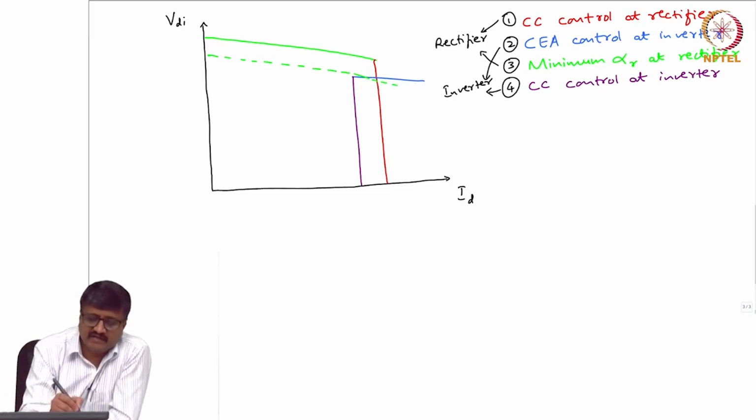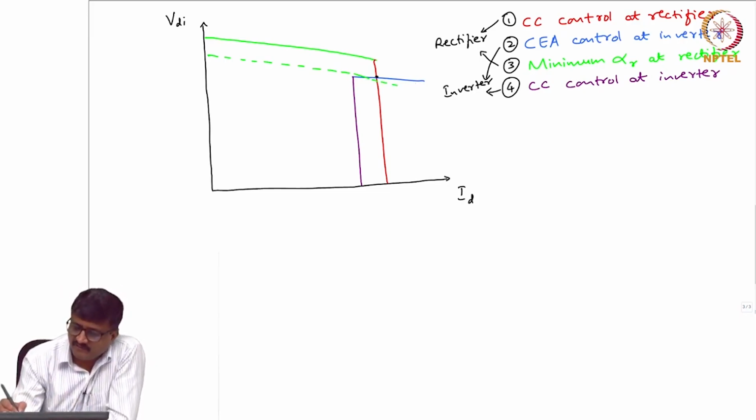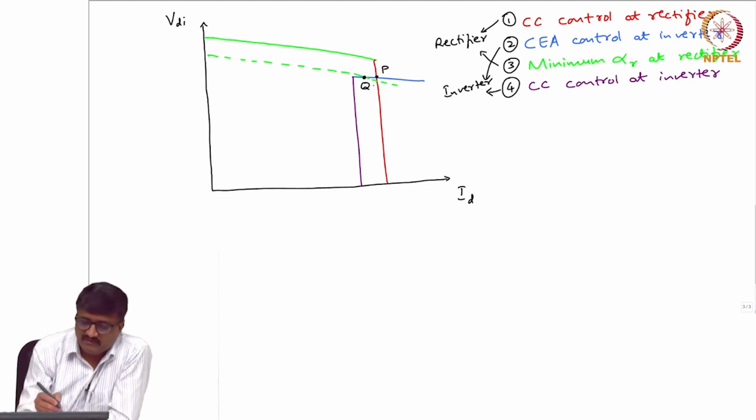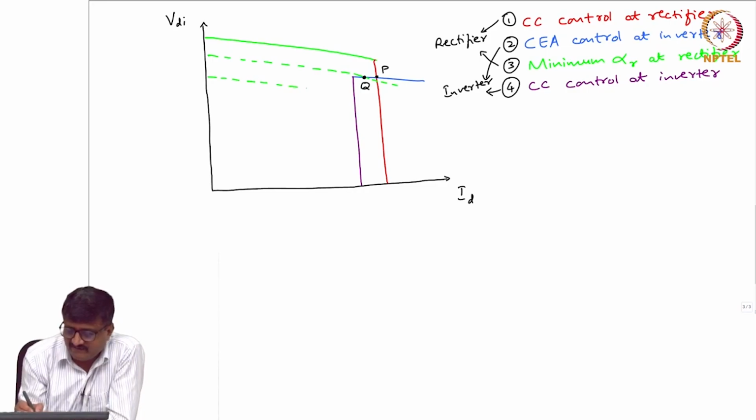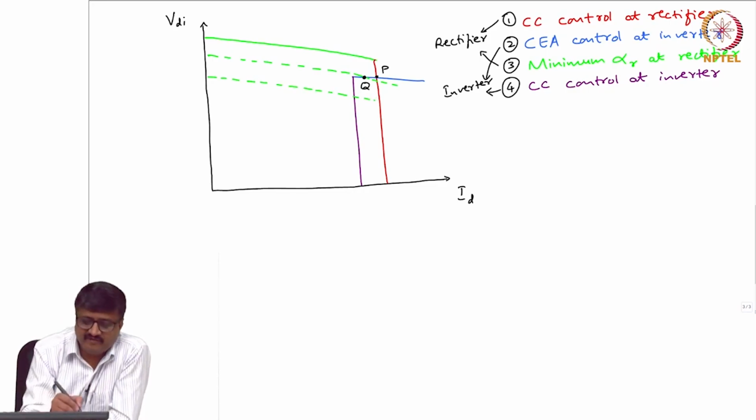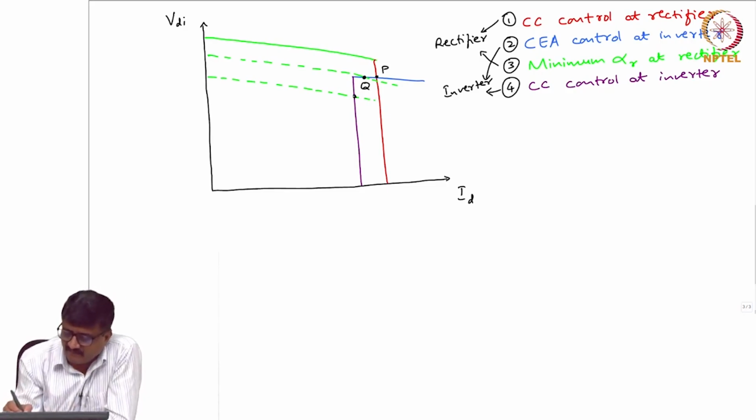So the earlier point was P, the revised point is Q. If there is further deterioration in the AC side voltage of the rectifier, then the point of operation is this R.